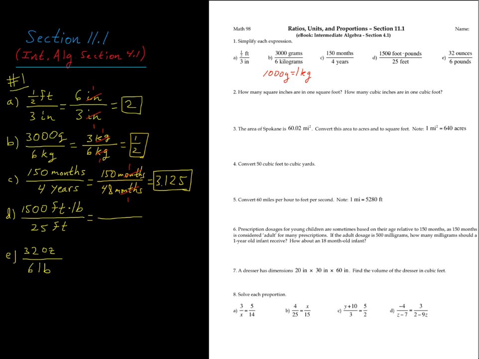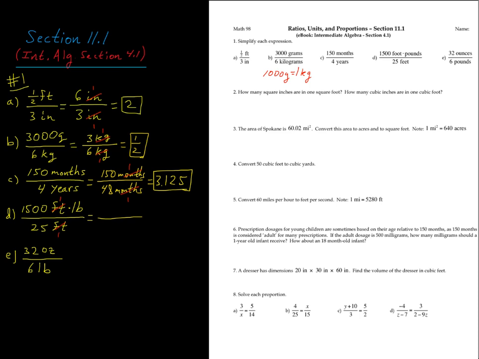For part D, we're looking at 1,500 foot-pounds, and then we're dividing that by 25 feet. Now foot-pounds might look a little strange as a unit, but this is a real unit. It's related to something called work in physics. Notice we do have a common unit there, a foot in the numerator and a foot in the denominator. So here I can divide a foot by itself, and that's going to give me a 1.